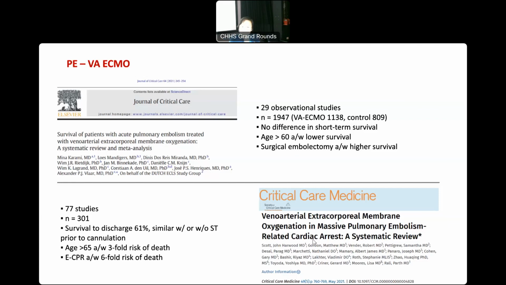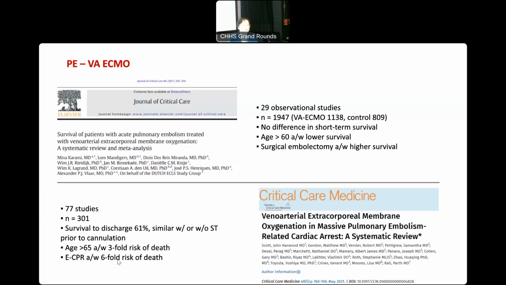The other meta-analysis looked at patients with PE and cardiac arrest. I'm quite excited to see PE with cardiac arrest with VA support had a 61% survival rate. They also mentioned there's no difference whether you do it pre or post thrombolysis. Again, age more than 65 was associated with a 3-fold risk and ECMO CPR with a 6-fold risk.